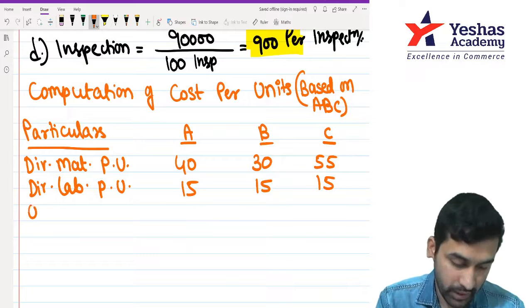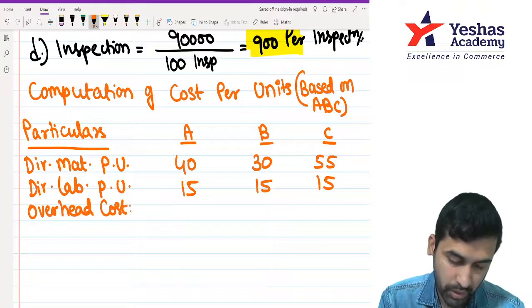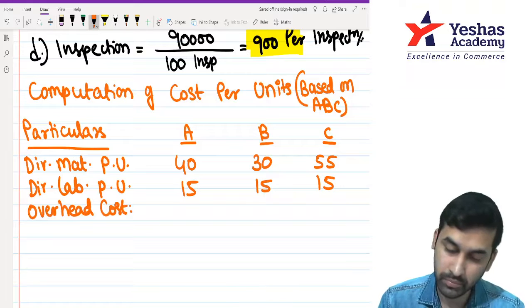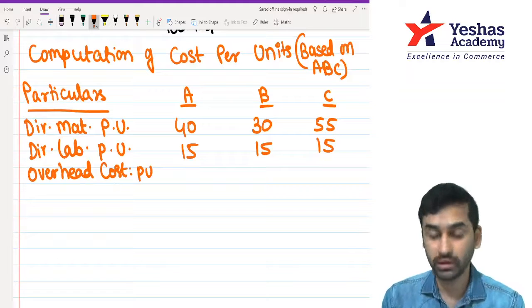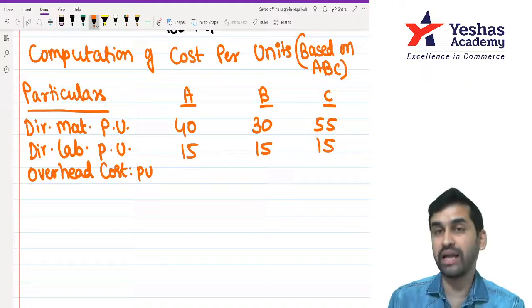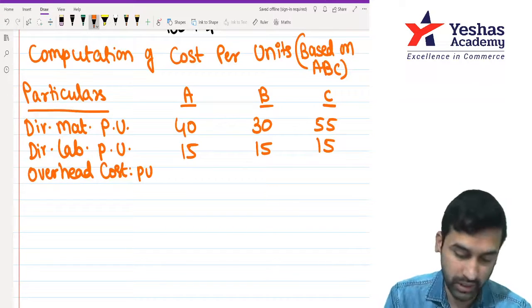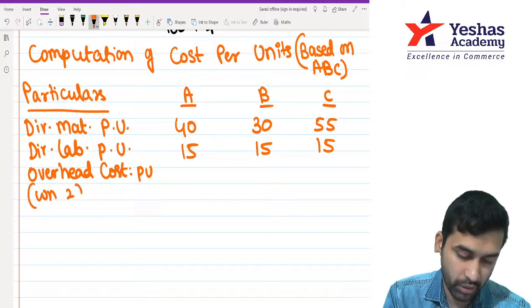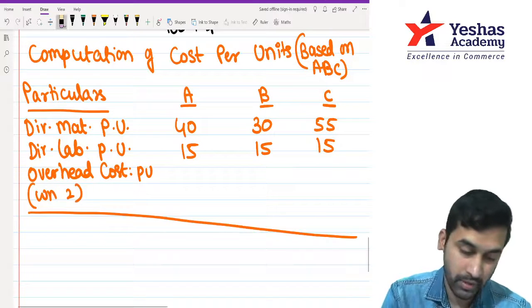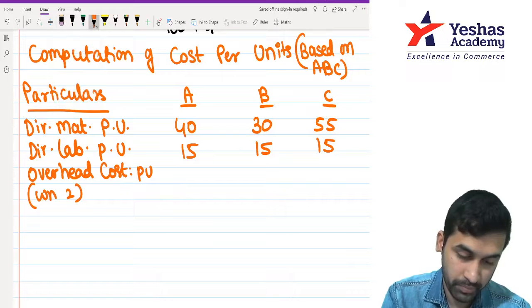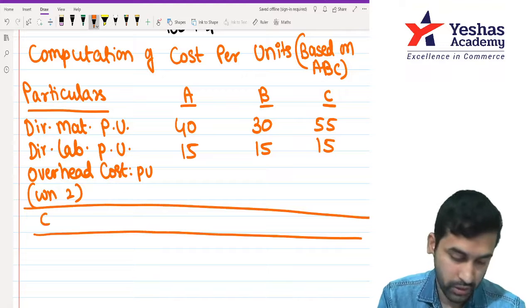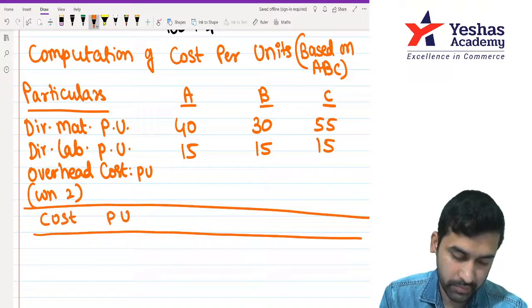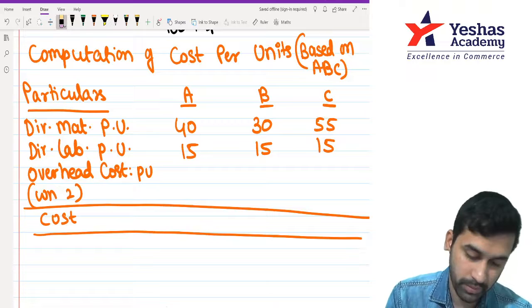Then I need overhead cost per unit. But I know I cannot calculate overhead cost per unit here. So what I'll do, mark that as working note 2. So this will give me cost per unit.